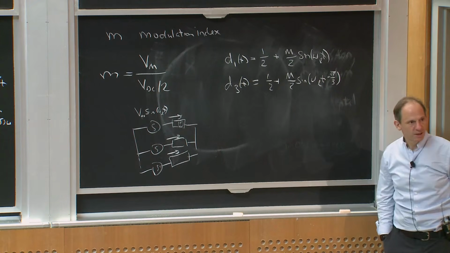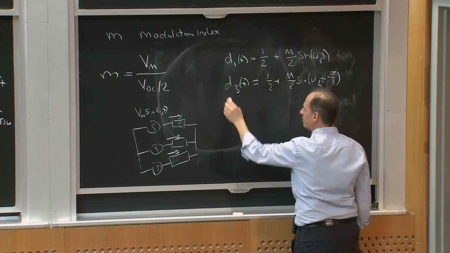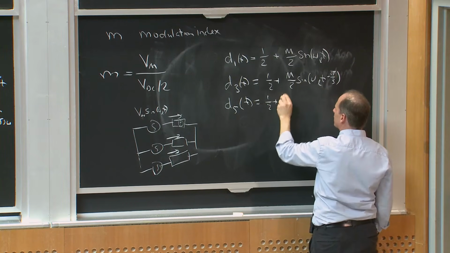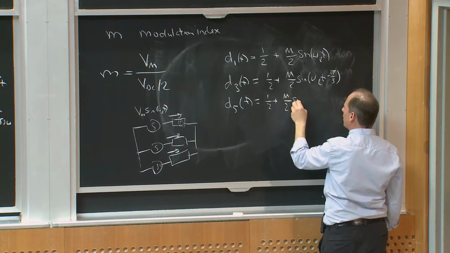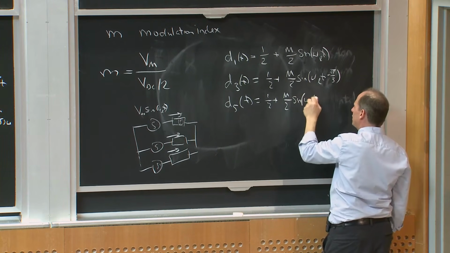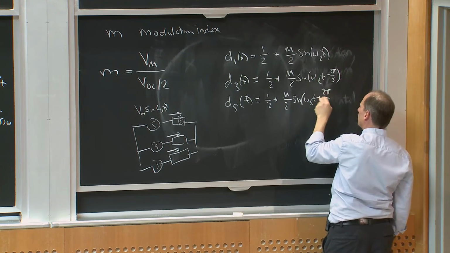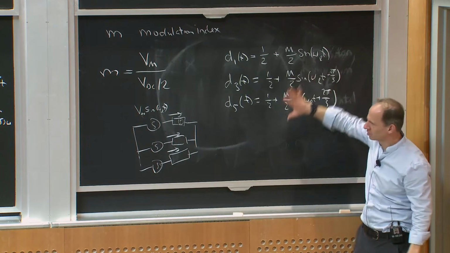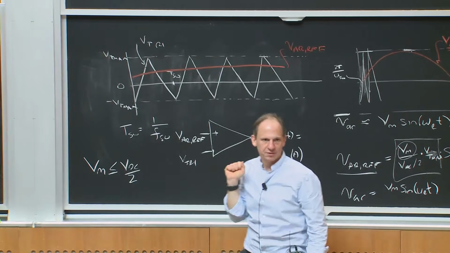Does that make sense to everybody? And D5, which would be the third bridge leg, would have 1/2 plus m over 2 sine omega L t plus 2 pi over 3. Okay? So this is what would result with this triangle intercept PWM done on the 3 phases.